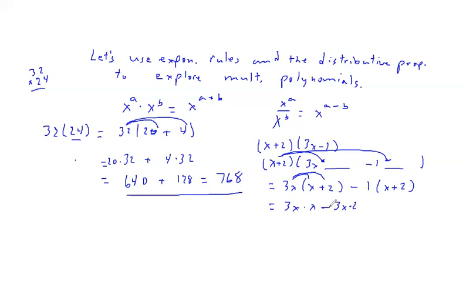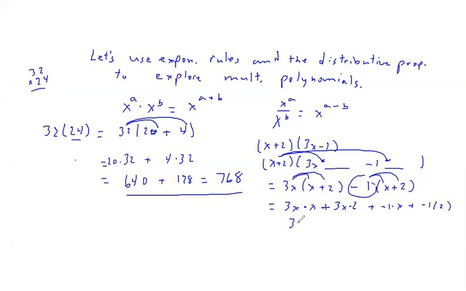Okay. Now notice I'm putting that in the front. Probably would have been easier for you if I would have put it in back. And then the negative 1. So I have plus negative 1 times x plus negative 1 times 2.